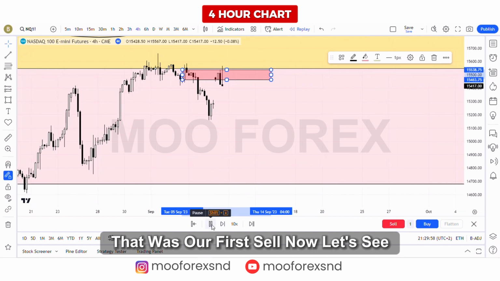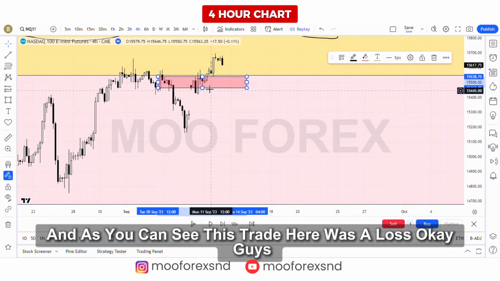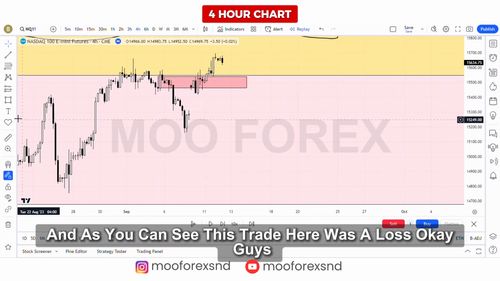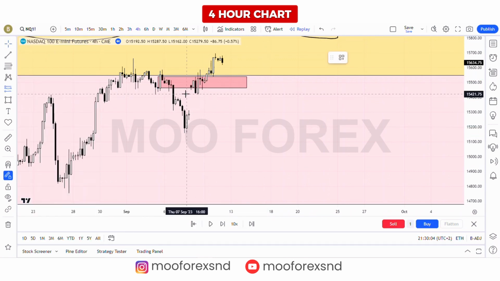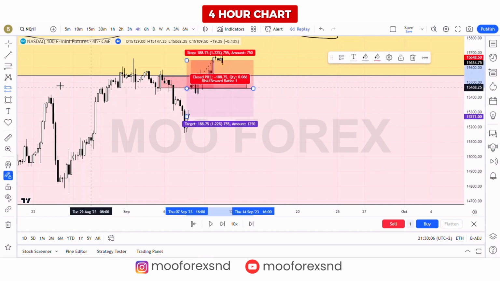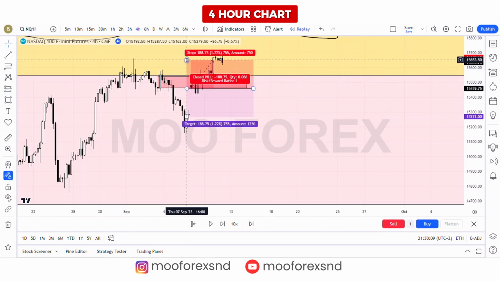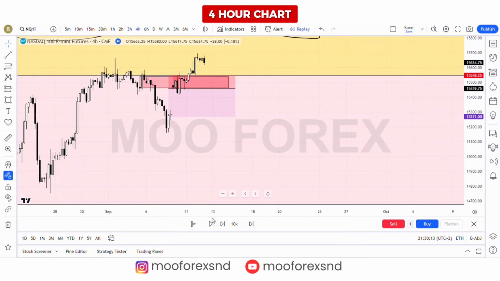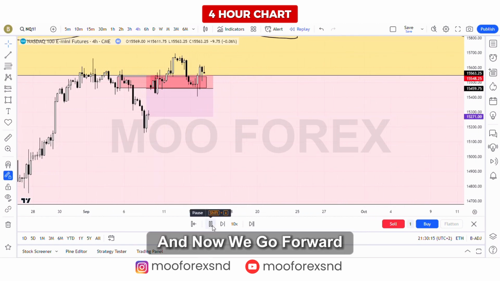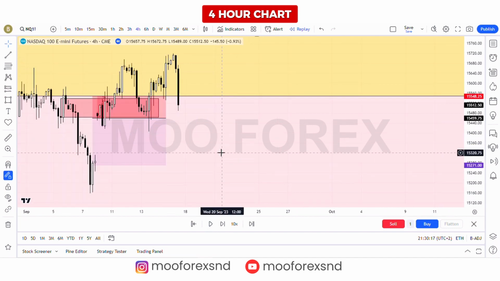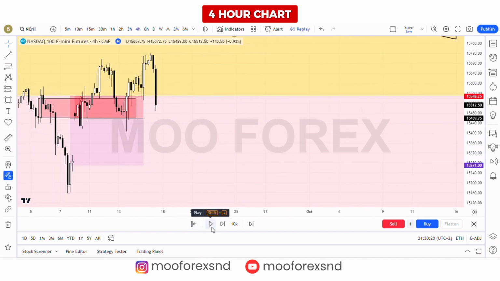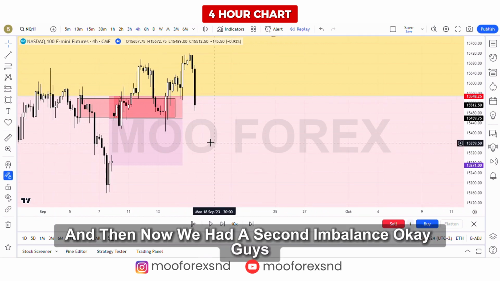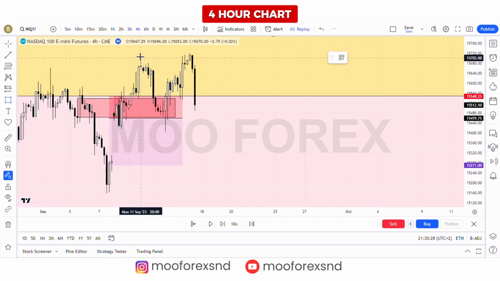Now let's see, and as you can see, this trade here was a loss. And now we go forward, and then we had a second imbalance, just right here.